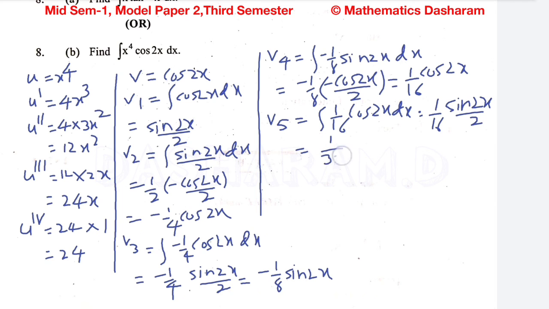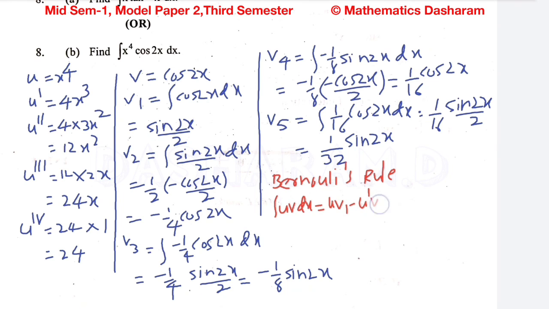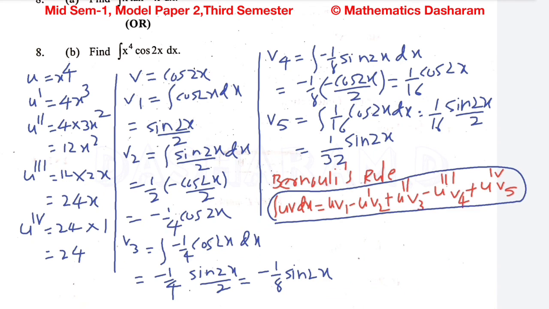So 1 by 32 into sin 2x. So now Bernoulli's rule is integration of u into v dx equals u into v1 minus u dash into v2 plus u double dash into v3 minus u triple dash into v4, and with the fourth order derivative, plus u into v5.